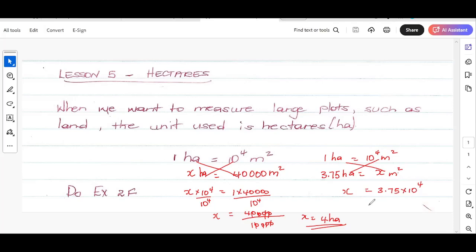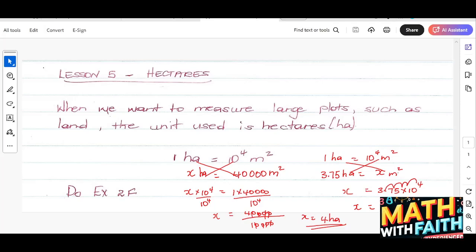So X, we could just move the point 4 times to the right. That's 375, then 2 more zeros. So that's 37,500 meters squared.